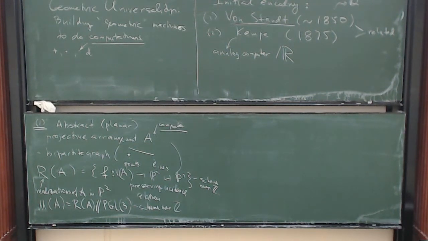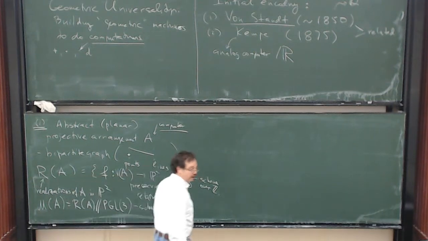What he realized is you can encode basic algebraic operations. He was thinking about real or complex numbers, but it really works over arbitrary rings. You can encode algebraic operations and therefore systems of equations using such computers. So let me explain the basic machines that he devised.